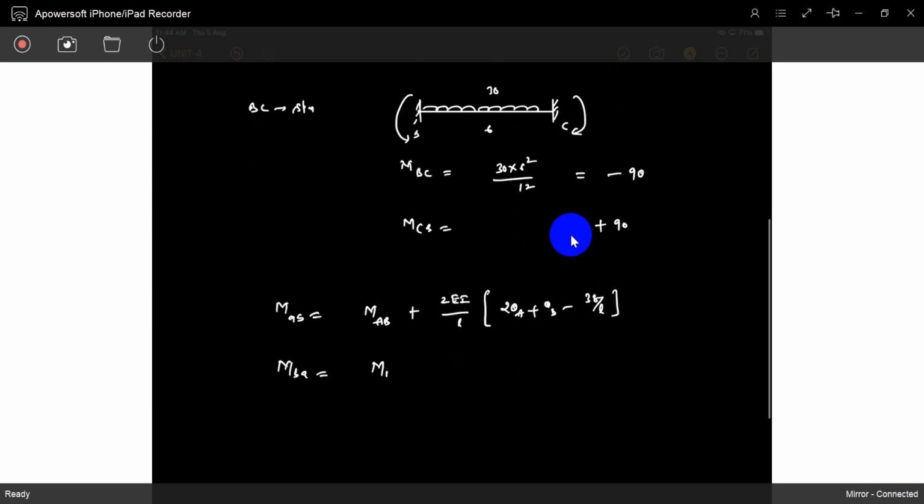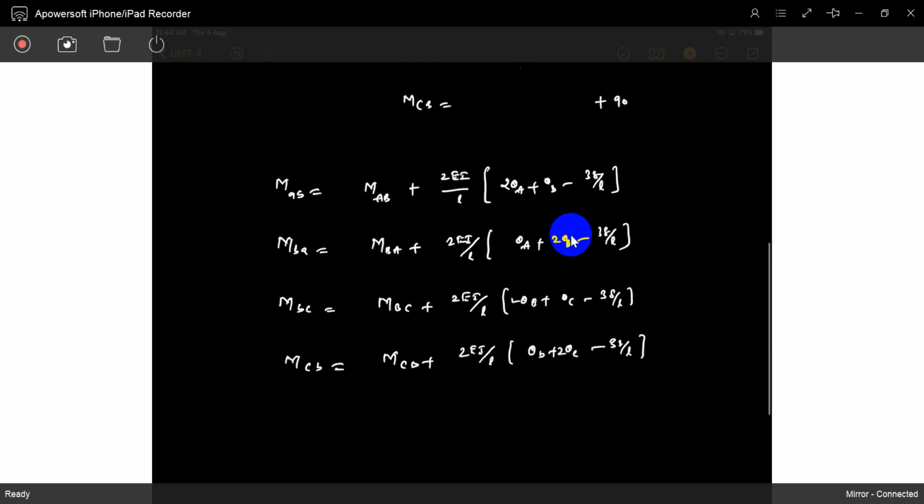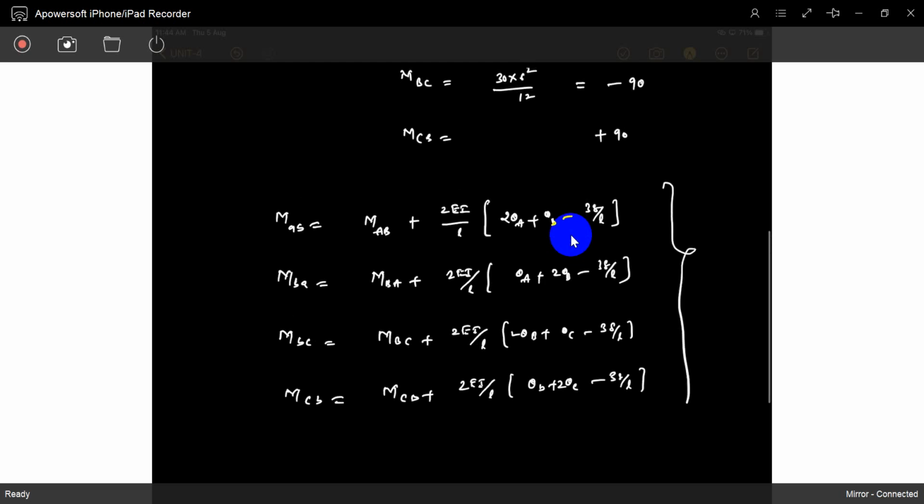MBA is the same with theta A plus 2 theta B minus 3 delta by L. Same thing for MBC, 2 theta B plus theta C, and MCB, theta B plus 2 theta C. These are the slope deflection equations.